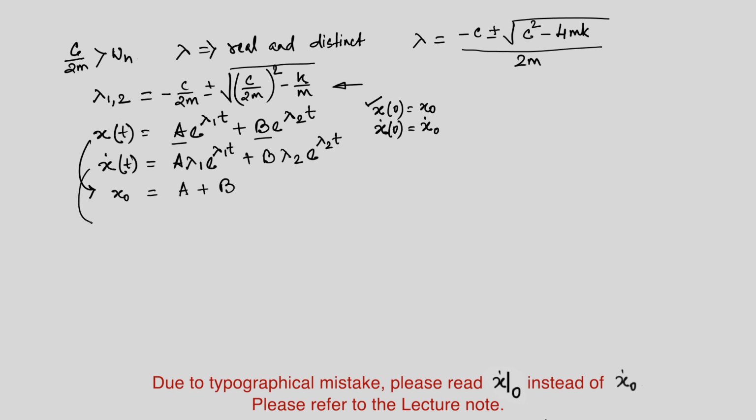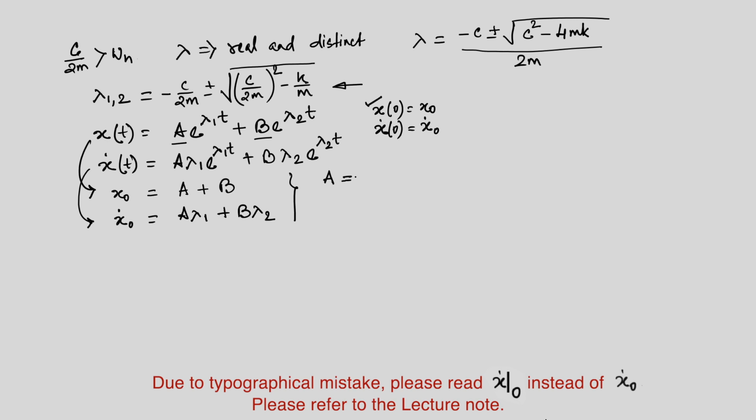Then for the second condition, we have x dot naught is equal to a lambda 1 plus b lambda 2. So, we have altogether two unknowns and two simultaneous equations, and then we can easily solve this. I just write the solution for a and b and leave it as a home task. You can just try it at your end.